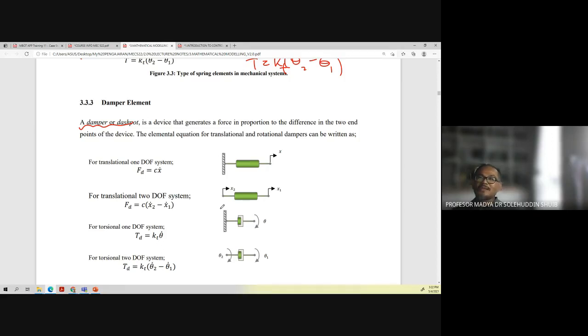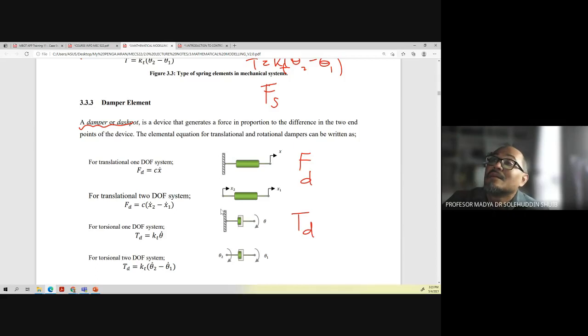So for translational 1 degree of freedom, nampak? That's why saya tulis untuk damper, force damper. Tadi force spring kan? This is force damper. We write force damper. Kalau torsional pun sama, torsional damper. If spring, we write spring force. Simple lah.